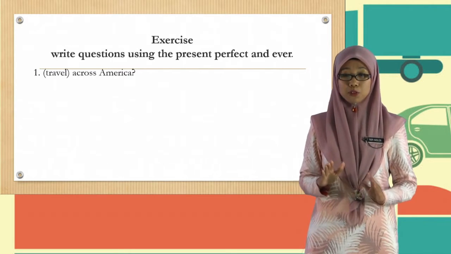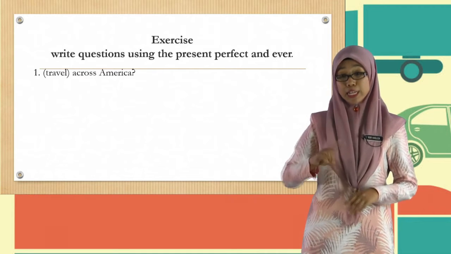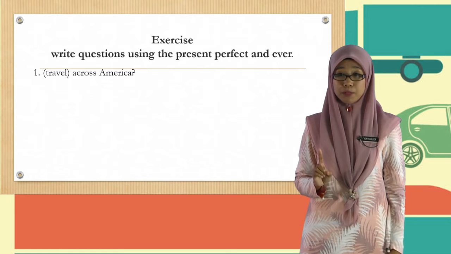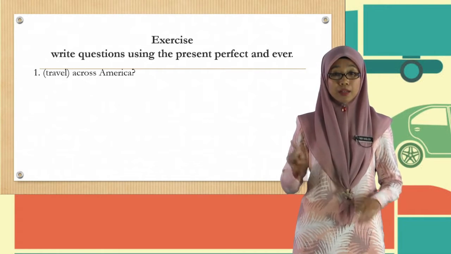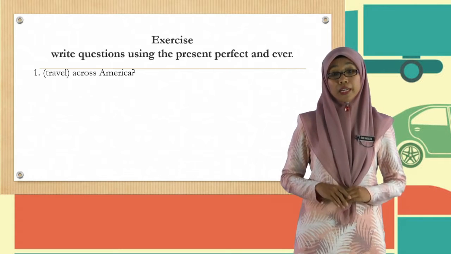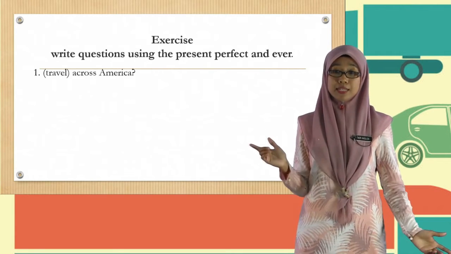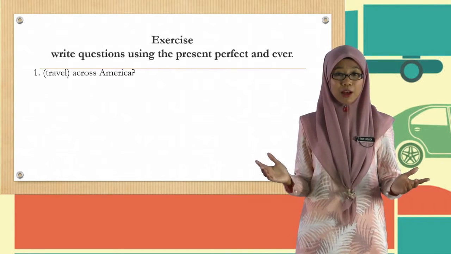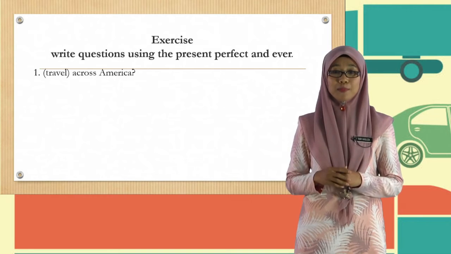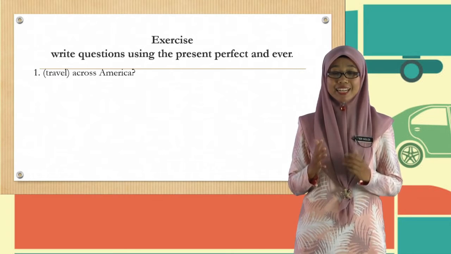We have travel in brackets. It means that it is a verb that needs to be changed into past participle. Across America with a question mark. Can you form these words into a question? Can you read your question loudly? I give you some time to write your answer. Yes, what is the answer?